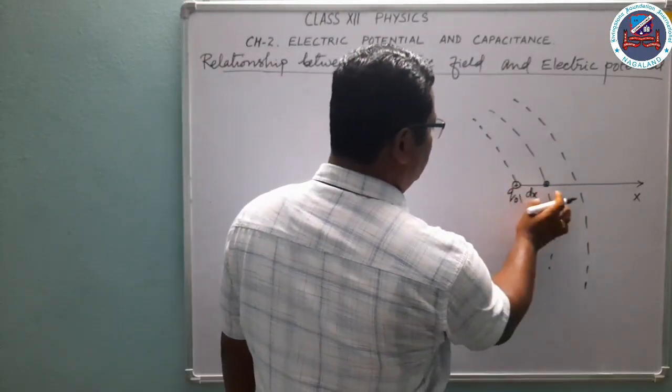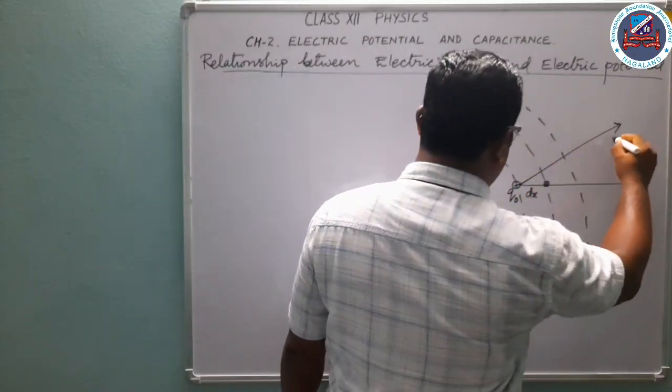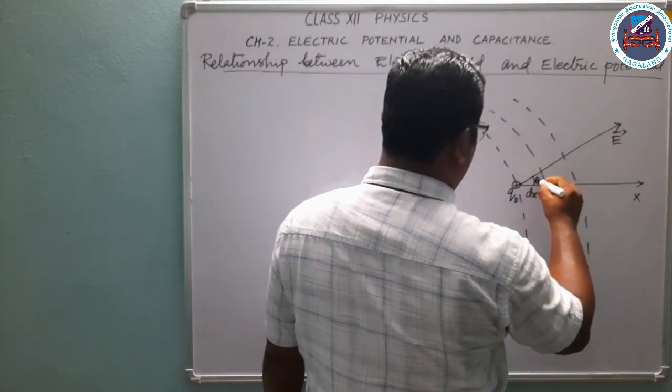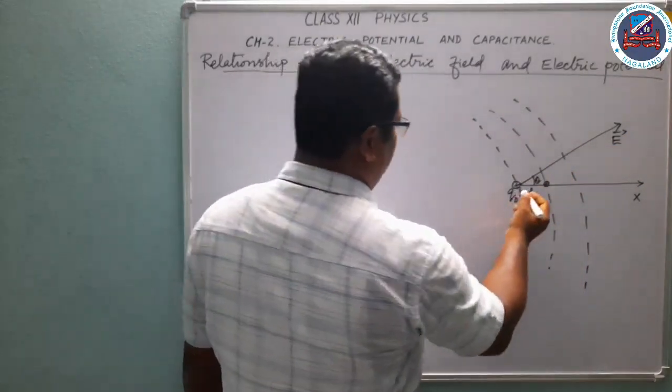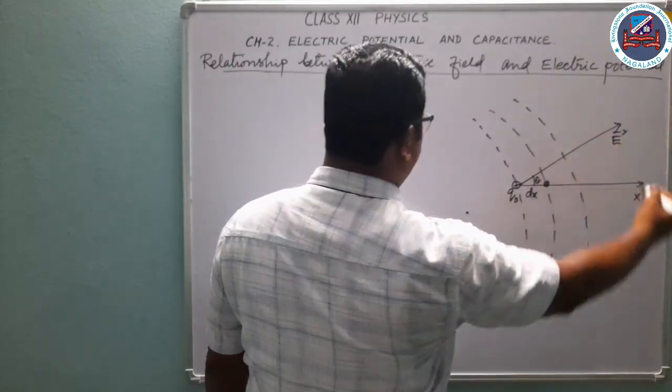From this position to this position. The electric field line direction, let us take it this way, making an angle theta with the x-axis. The electric field line is coming from the source charge from here, going this way.